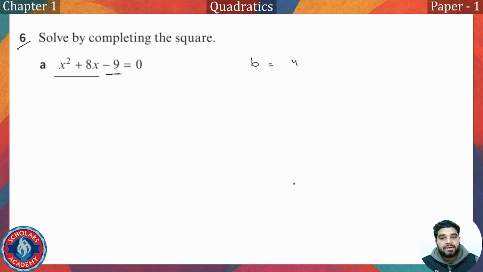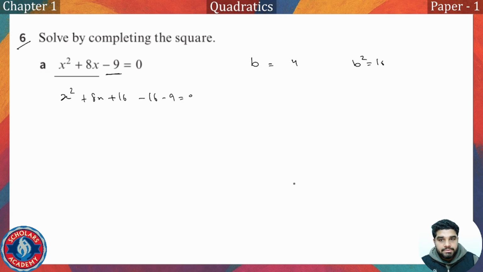So what I will do, I need 16, which is b square. I need it over here. So we'll add 16 and subtract 16 over here. You get x square plus 8x plus 16.